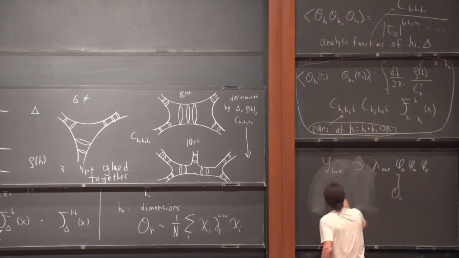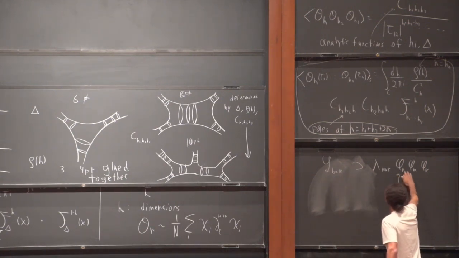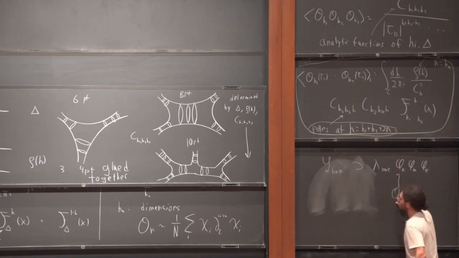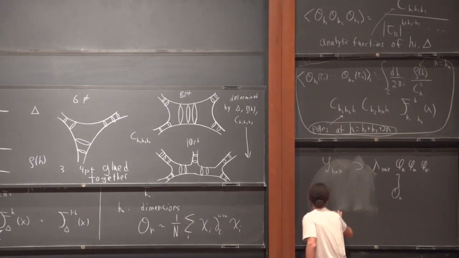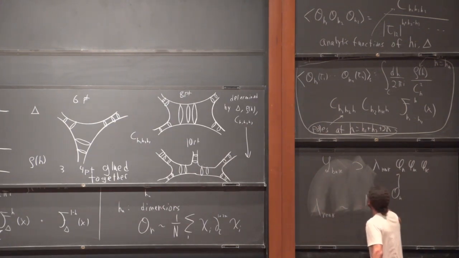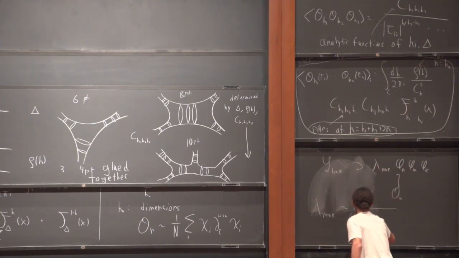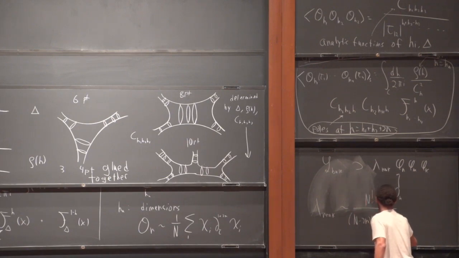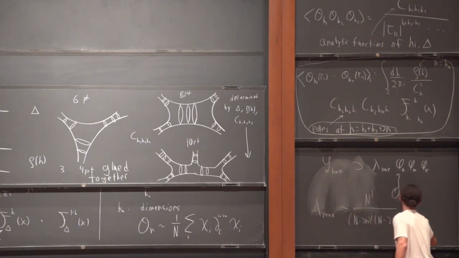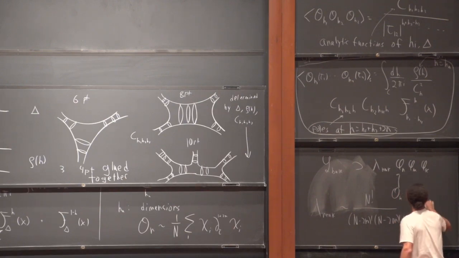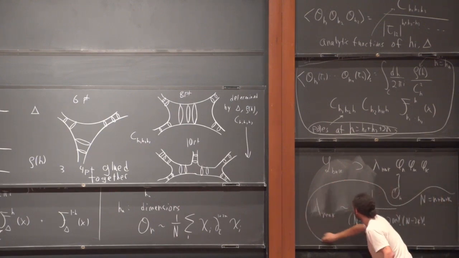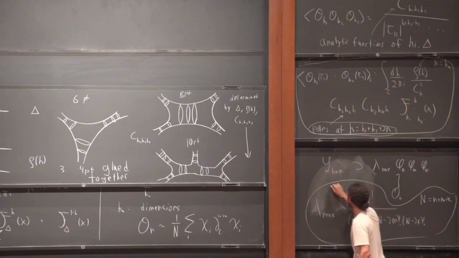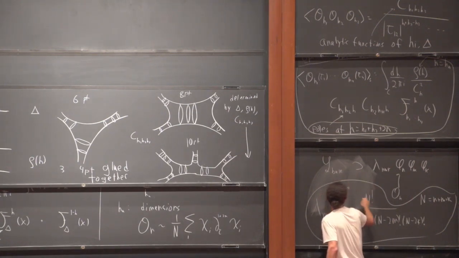And in the limit where the dimensions of the O's are large, what I've been discussing, the universal limit, and the masses are large, these couplings take a very specific form, which we know because we know the C's, which I'll write down. So the bulk cubic couplings take this simple combinatorial form.